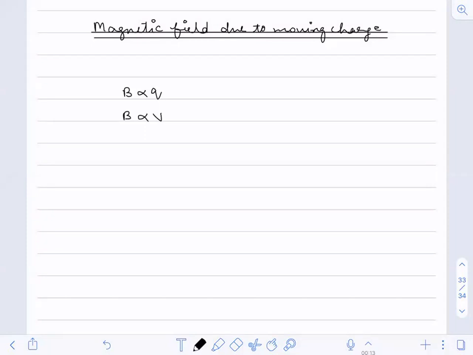Now you will be calculating the magnetic field at a point. Suppose this is a charge, plus q, and it moves like this with a velocity v.